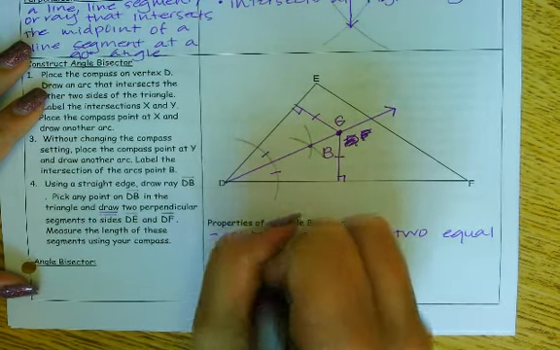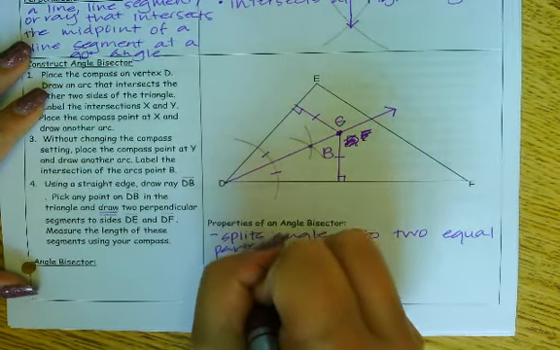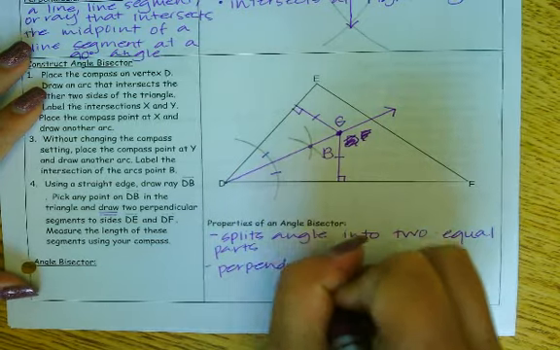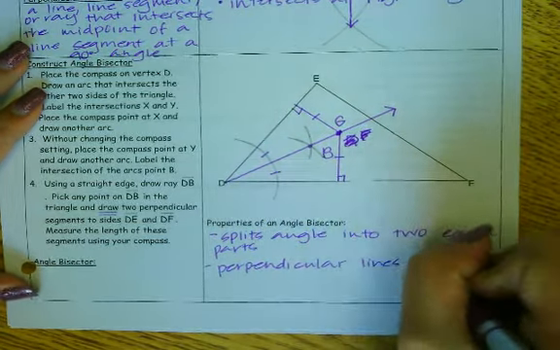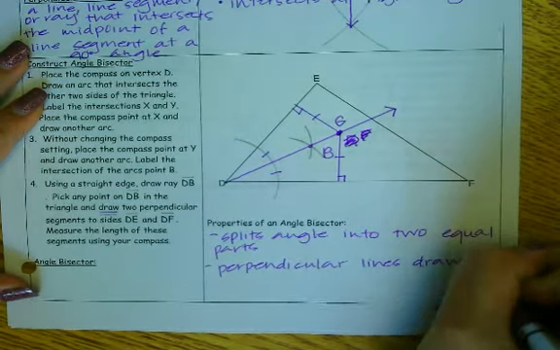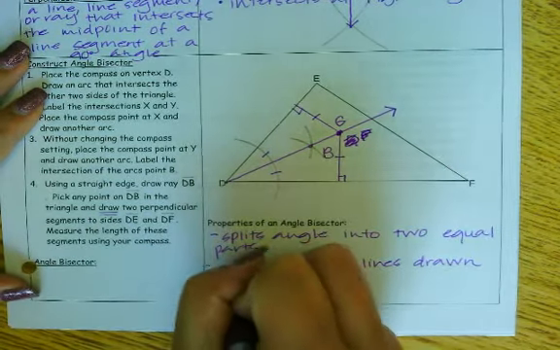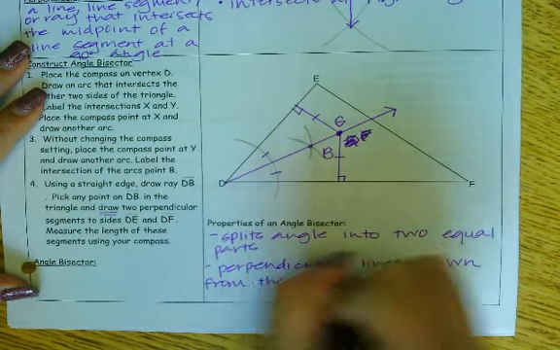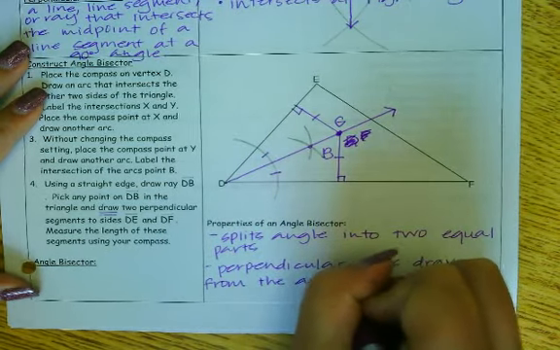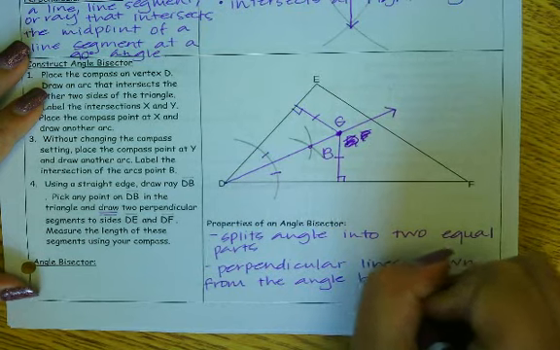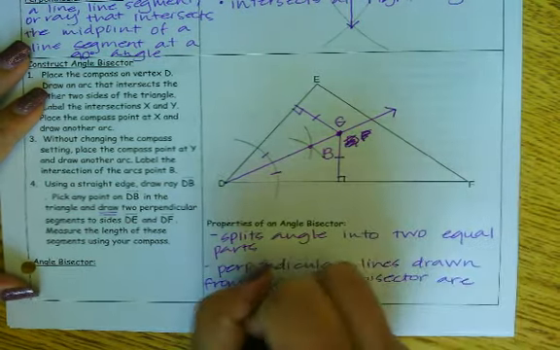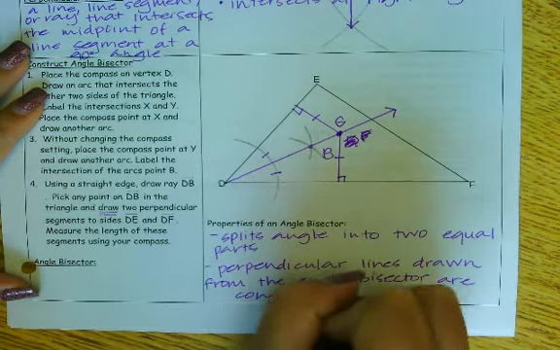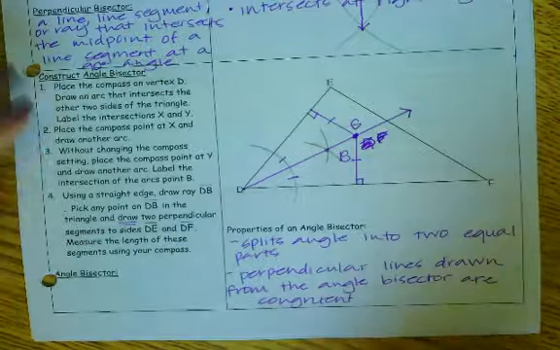Okay, and perpendicular lines drawn from the bisector are congruent. Okay, so those are our properties.